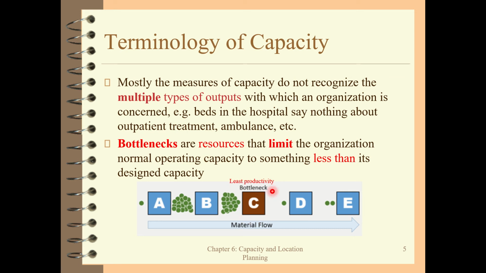This one, machine C, is the bottleneck. Why? Because the production rate is the lowest. You have 5 resources, but the one that limits the production rate or the productivity of the system, we call the bottleneck of the system.